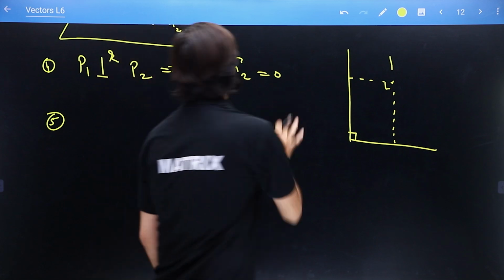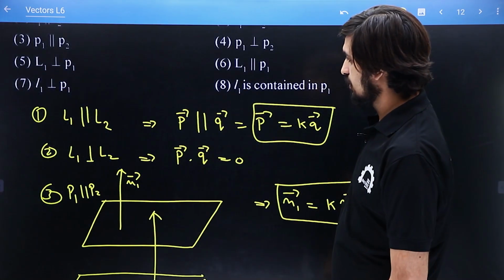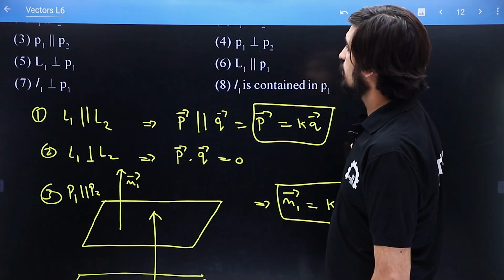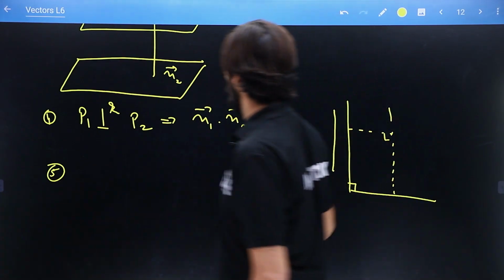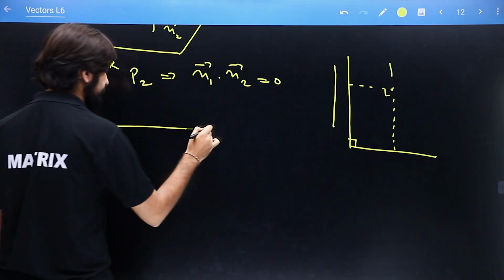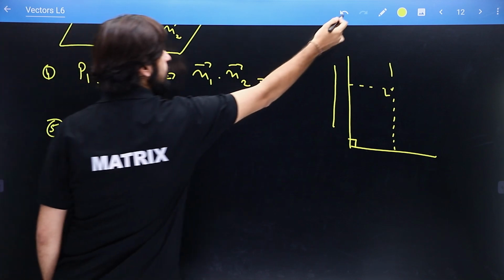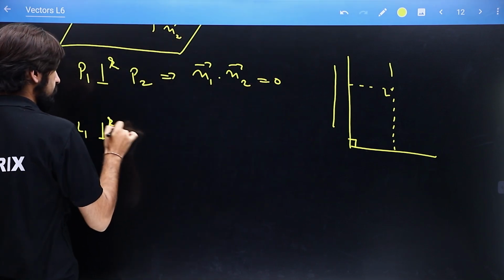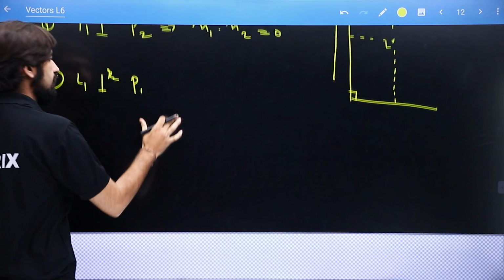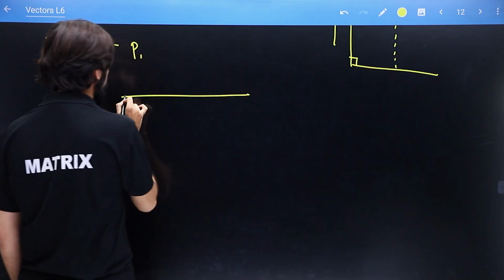Fifth. What fifth says? Fifth says that L1 is perpendicular to P1. This was your plane. First you will write the condition that L1 is perpendicular to P1. This is your plane.